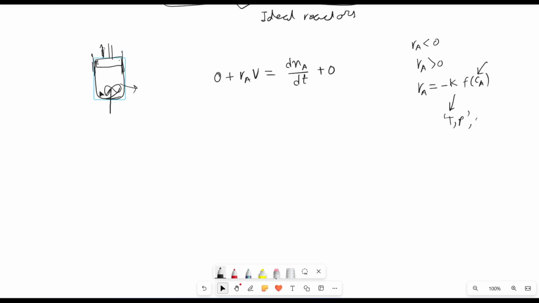This corner also C_A will be the same. In the middle part also C_A will be the same. So that means C_A is homogeneous across the batch reactor. And in real industrial application, an agitator is provided which rotates very fast and mixes everything. So this mixture will be almost 90% homogeneous.